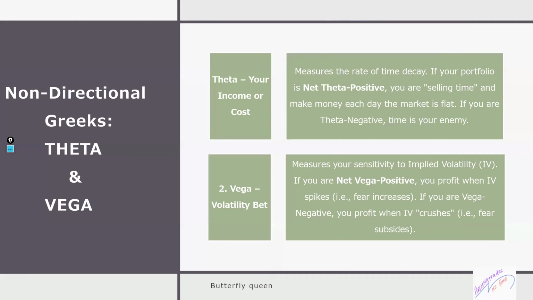And there are vega negative strategies where as volatility comes down or fear subsides, you make money. So these are all different Greeks, and knowing how they affect each other, how they affect your overall position, and how that position affects your overall portfolio is important.